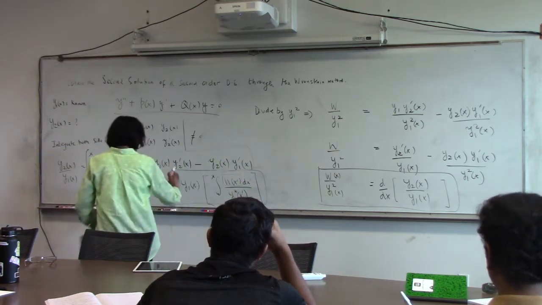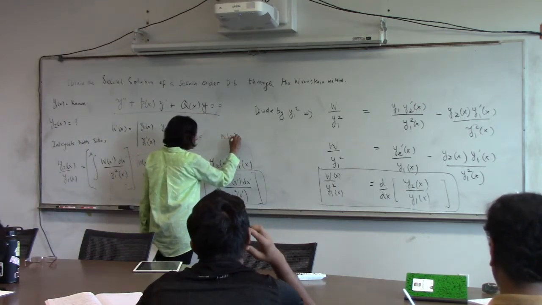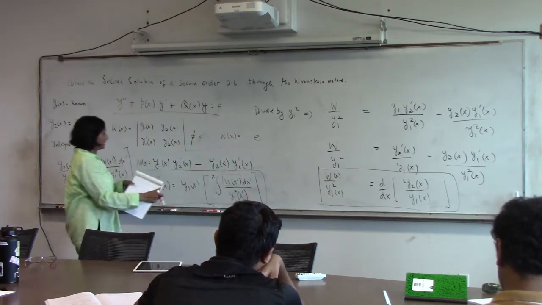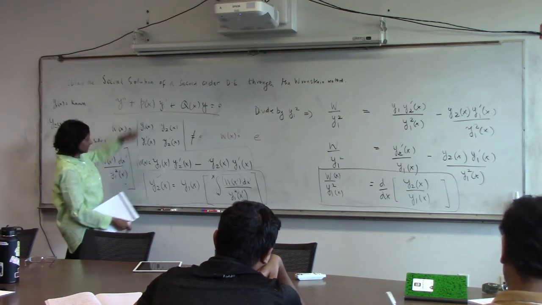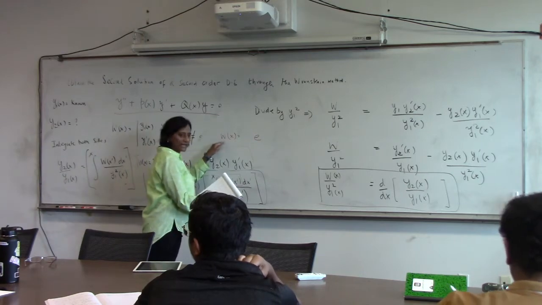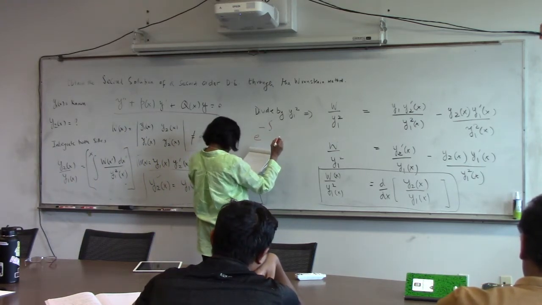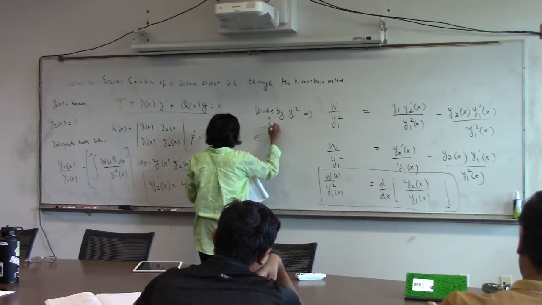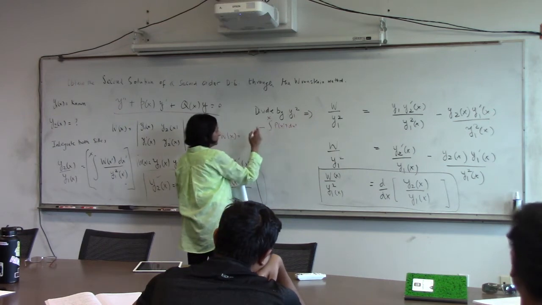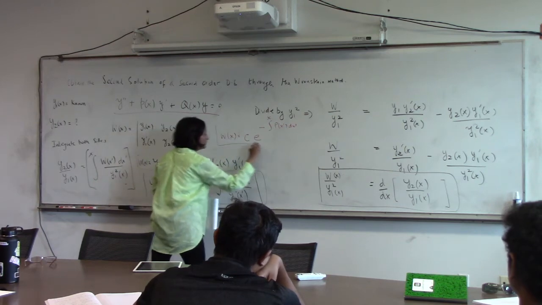I'm going to write the result first and then we'll prove it. As I said, I think I wrote last time, if I know the second order differential equation in canonical form, and I know the coefficient of y prime, that's all I have to know to calculate the Wronskian. This is a function of x, so this integral goes over x prime, a dummy variable, from 0 to x or whatever, and you can have a constant here again if you want.